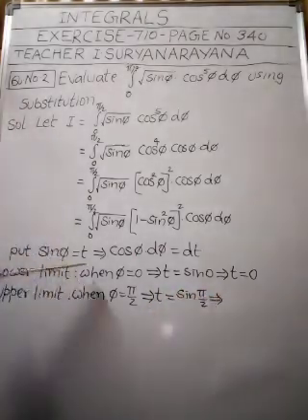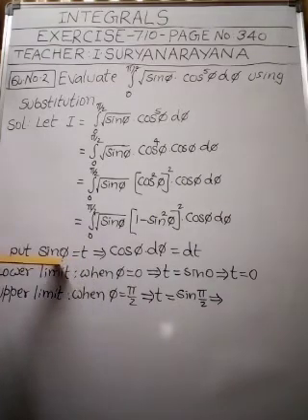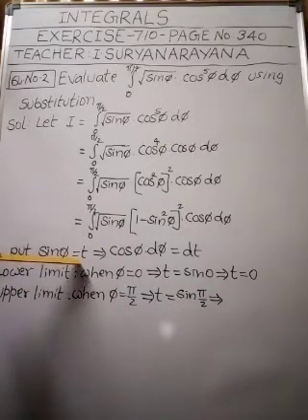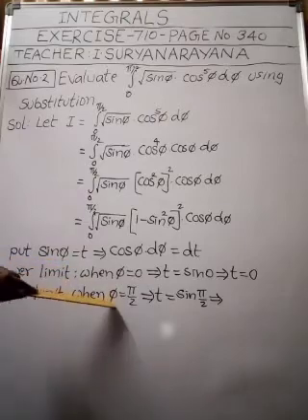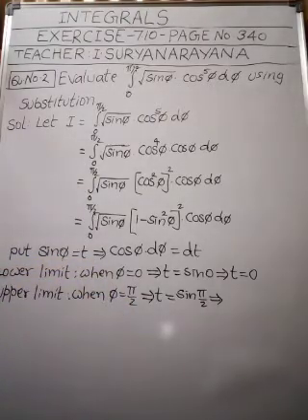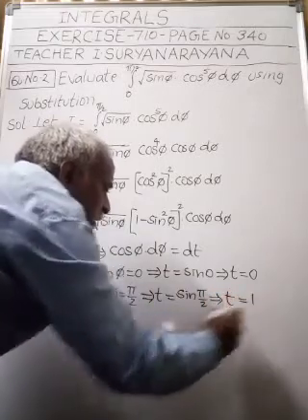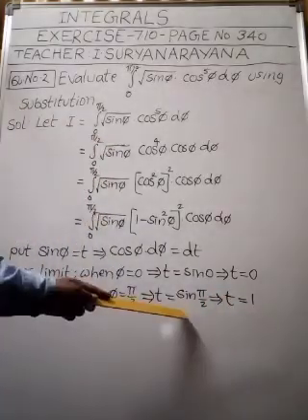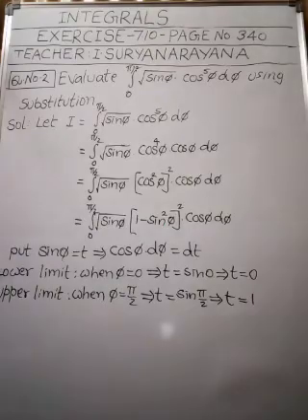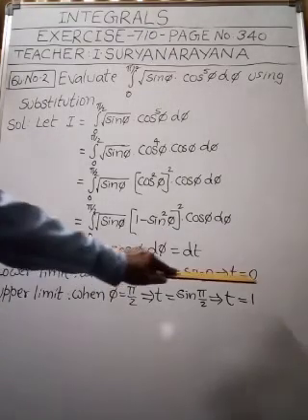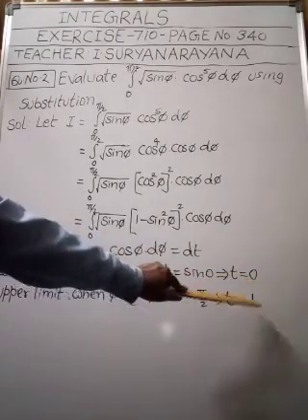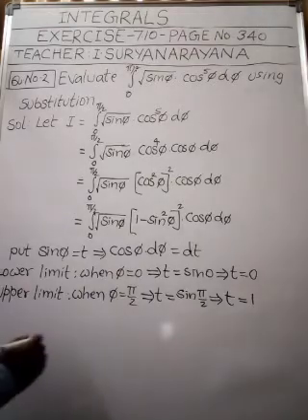In this equation only, whatever substitution we took, in that equation only we have to substitute phi is equal to pi by 2. Then t is equal to, what do you get? Sine pi by 2. This implies t is equal to 1, sine 90 degrees is 1. Okay, my children. Now the new lower limit is 0. New upper limit is 1. Understood this point, my children?